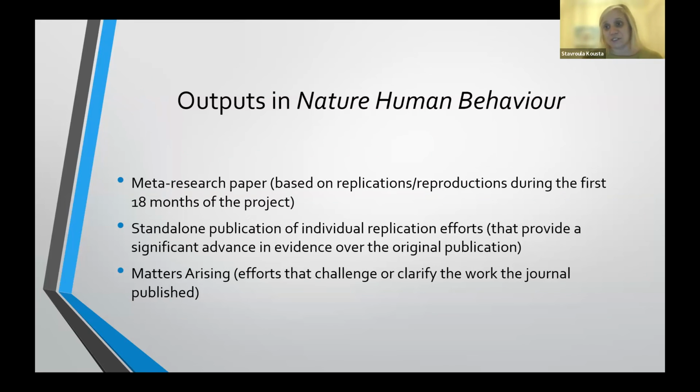A key aspect of this collaboration is that we are committed to publishing outputs from this effort. First of all, a meta-research paper based on replications and/or reproductions completed during the first 18 months of the project.